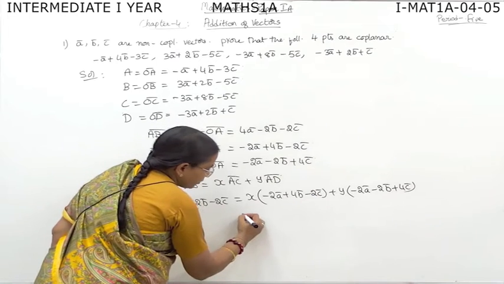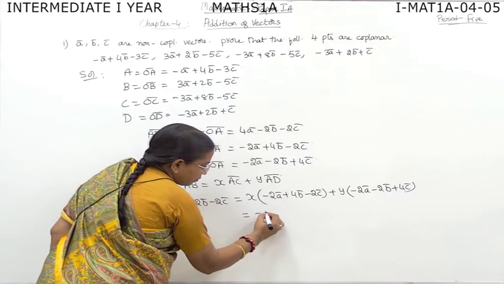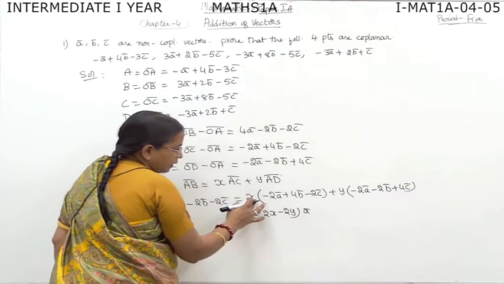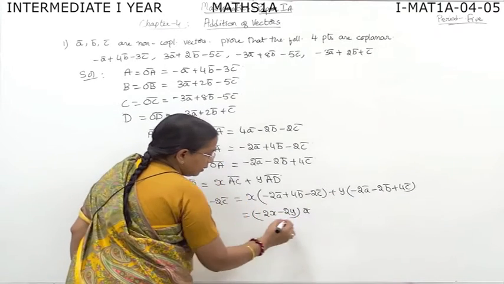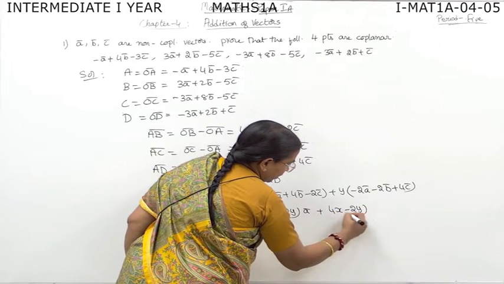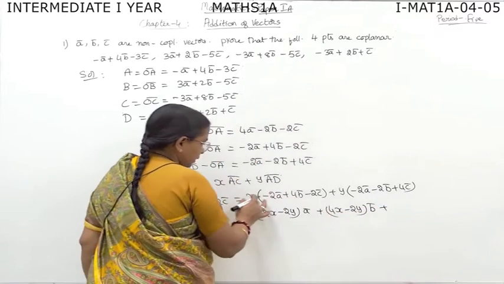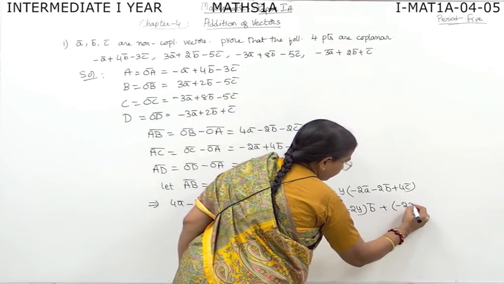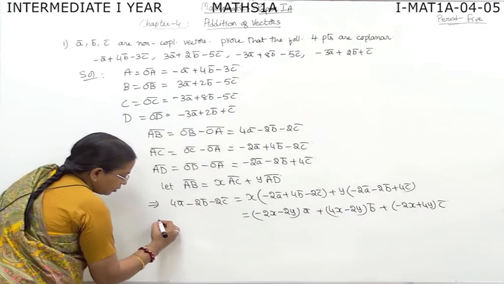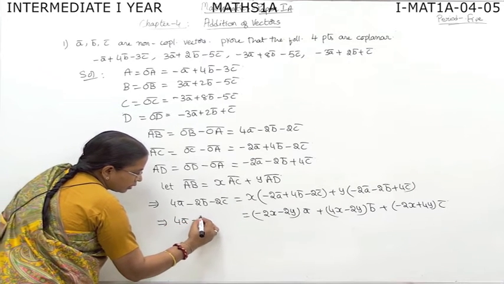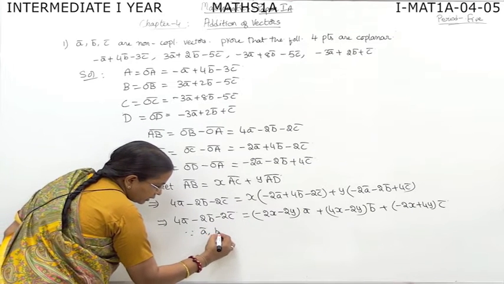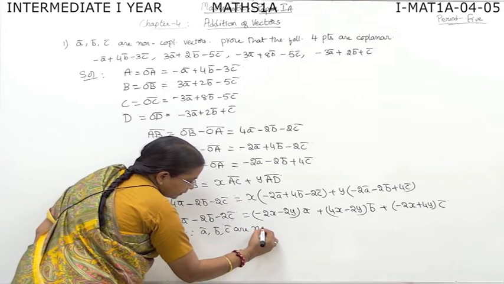Now when you simplify, the A coefficients are minus 2x minus 2y, into A. Group the terms. Next it is 4x minus 2y into B plus minus 2x plus 4y into C. Now since A, B, C are non-coplanar, you can equate the coefficients of like vectors.